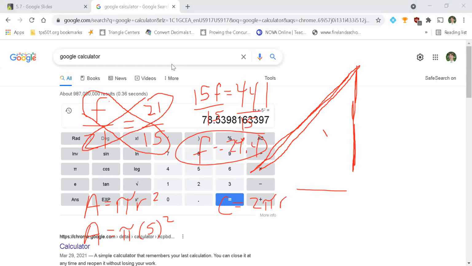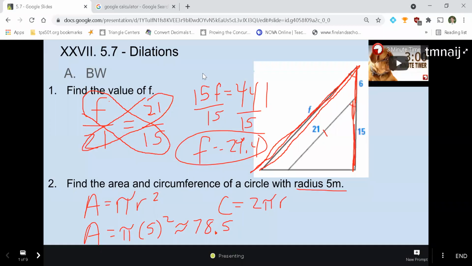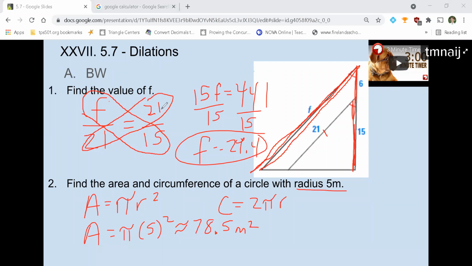So we get 78.5, so that's about 78.5 meters squared. The other answer I would accept is if you don't reach for a calculator and you just leave it in terms of pi, you could tell me that that is 25 pi meters squared. Either answer is okay.